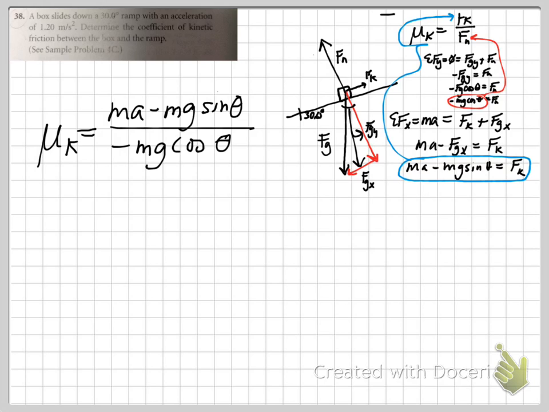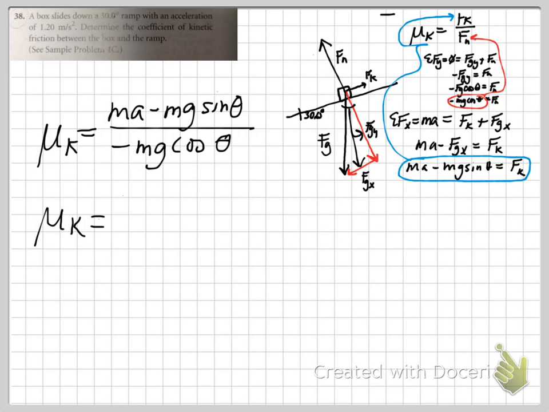Because this is a ratio. So whether we have a 10 kilogram box or a 100 kilogram box, the ratio between the force of kinetic friction and the normal force is going to be the same ratio. It's a ratio relationship. So we can factor out an m.